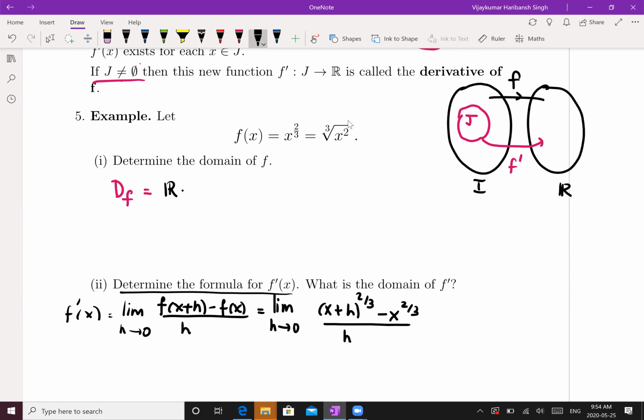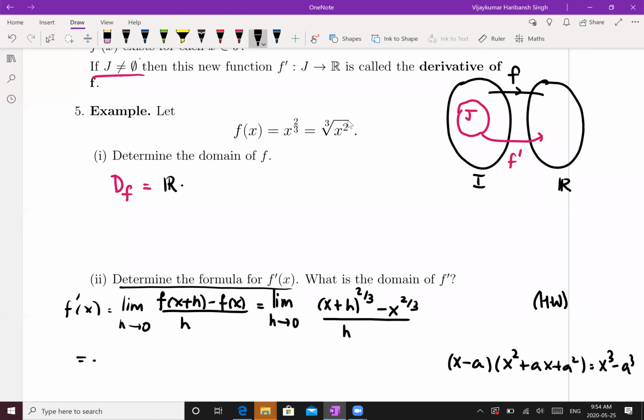Now if you work it out, so homework, you have to basically rationalize it, but you have to raise it to power 3. So you have x minus a, and you want to raise it to power 3. In that case, you have to multiply by x squared plus ax plus a squared. So you should do that, and you will see that this limit is, so you should fill in the gaps, that's the homework, 2 by 3 x to the power 1 over 3.